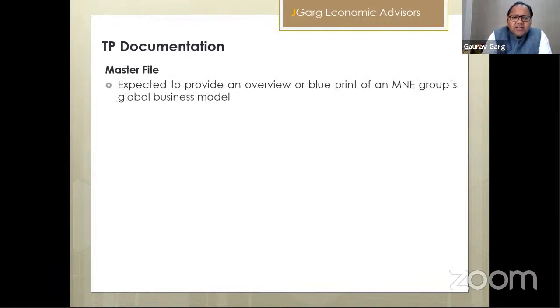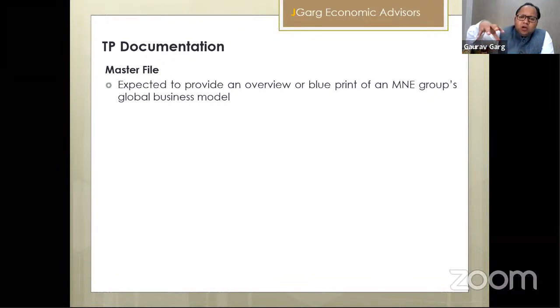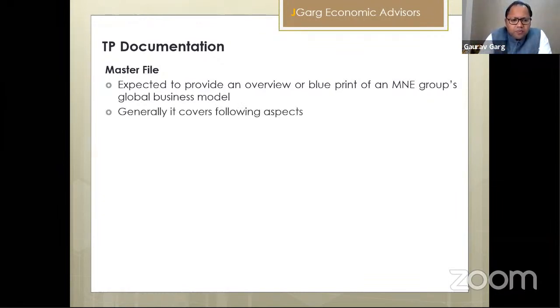Master file is expected to provide an overview or blueprint of multinational group's global business model. So local file focuses on the local transaction, on the local company, the company which is operating in the jurisdiction, whereas master file gives you a very good bird's eye view about the entire group, or a blueprint about the entire group.